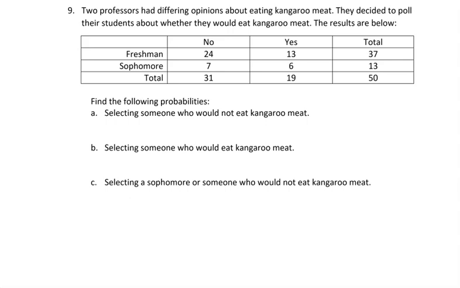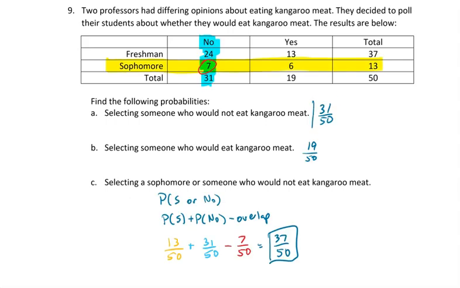It's going to be very similar for A and B. They're just normal probabilities, and then part C is going to be the OR probability. So go ahead and try A, B, and C. Pause the video if you need more time, and the answers are going to pop up now. And here are the answers to these three.